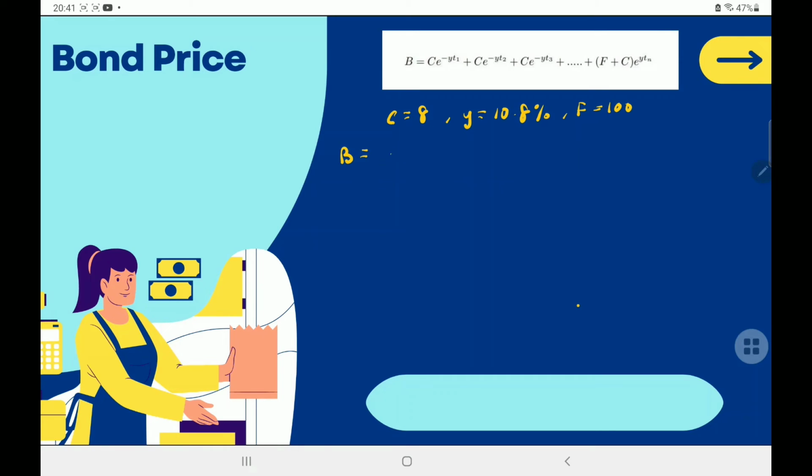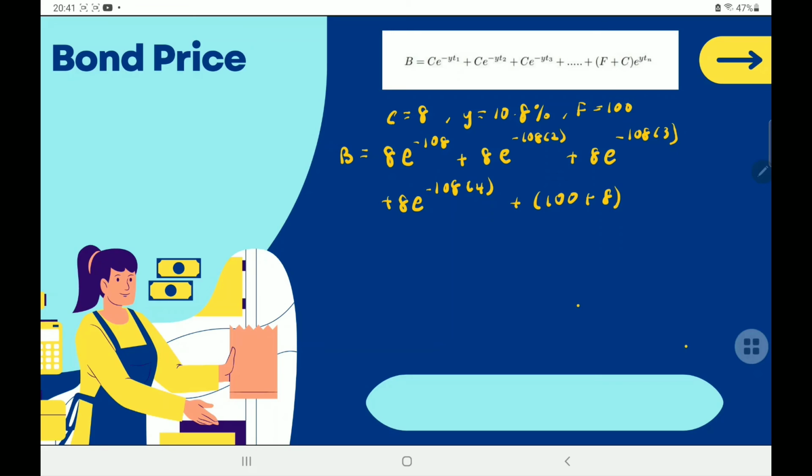Bond price equals 8 times e to the negative 0.108 plus 8 times e to the negative 0.108 times 2 plus 8 times e to the negative 0.108 times 3 plus 8 times e to the negative 0.108 times 4 plus face value plus C times e to the negative 0.108 times 5 equals 87.54. Therefore, the bond price is $87.54.